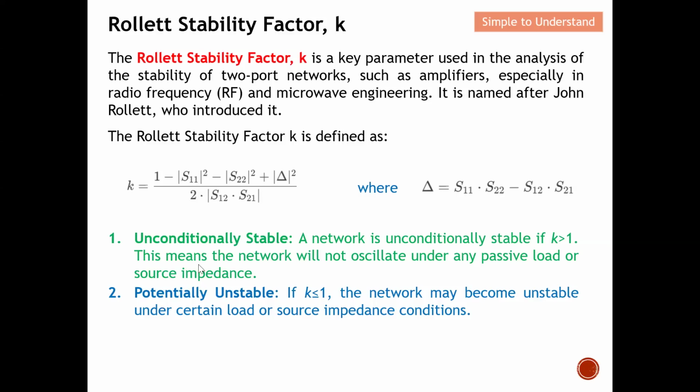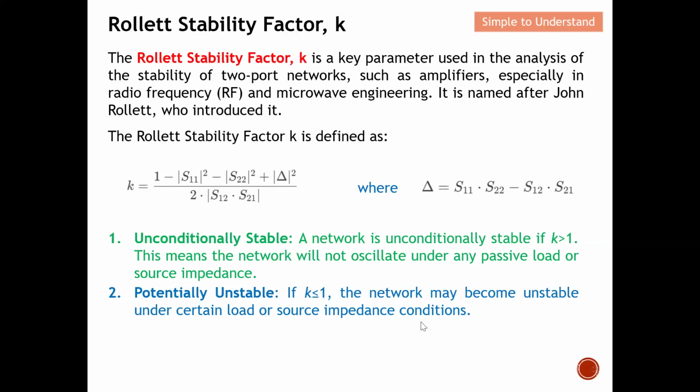Under the other extreme case, K is less than 1 or equal to 1. This is what we call potentially unstable, which means that there is always a chance that the amplifier or the transistor that we design will be unstable. Therefore we need to state the condition to ensure that the amplifier or the transistor that we design still remains stable.